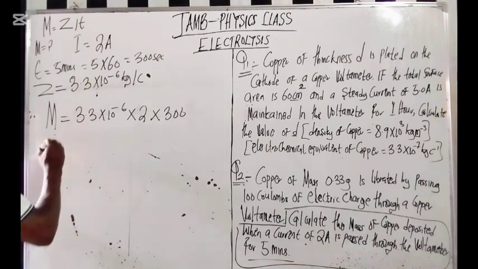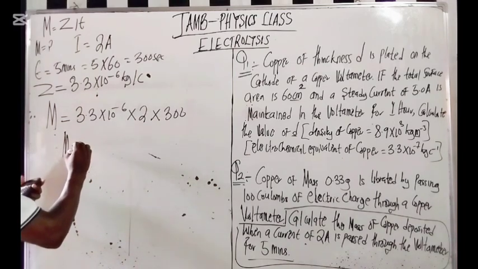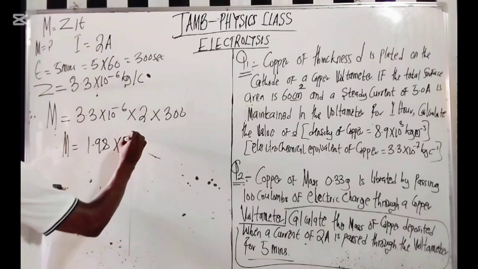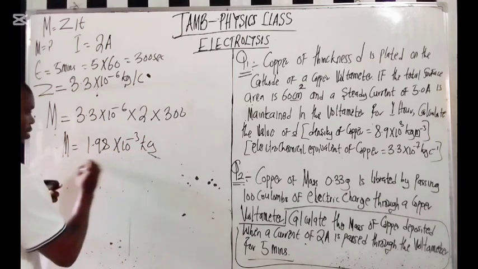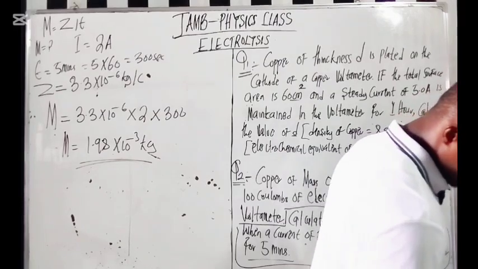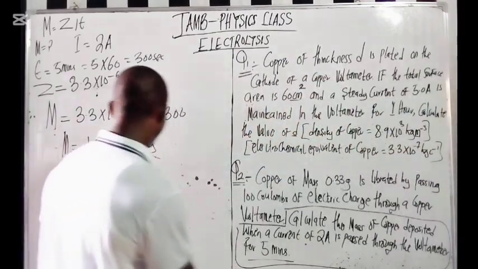Here we have my mass M is going to be 1.98 exponential minus 3 kg. This is now the final answer. Hope you understand.